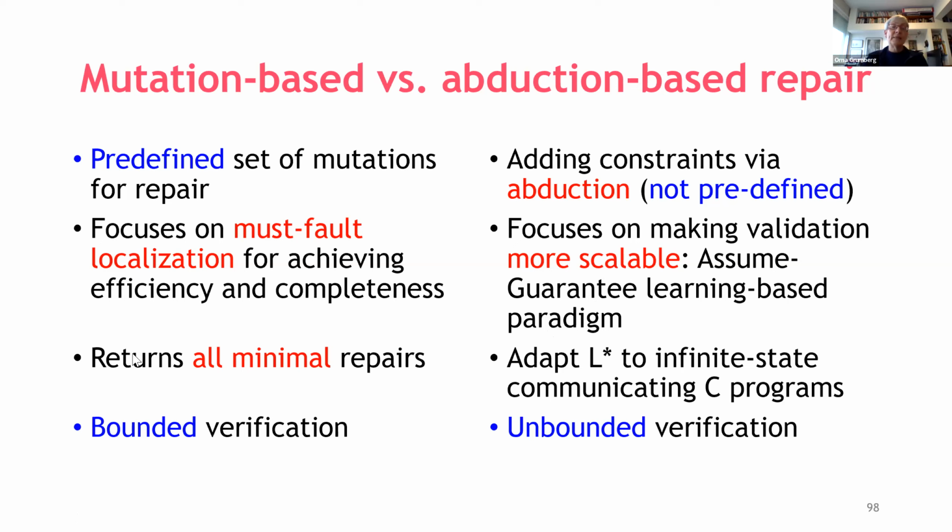The mutation-based approach is supposed to return all minimal repairs, and the abduction-based approach needs to adapt to infinite-state communicating C programs. The mutation-based approach uses bounded verification, and the abduction-based approach uses unbounded verification.